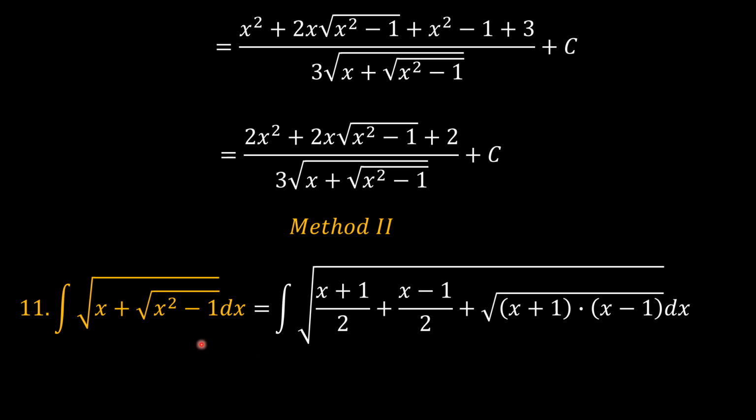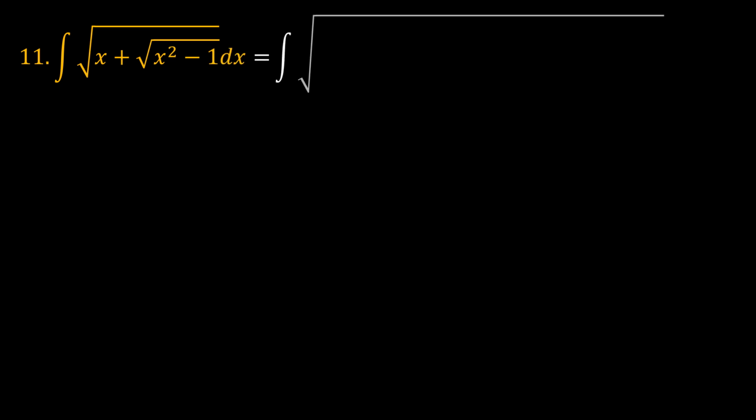And then under the square root sign, this is simply a difference of squares. So you have x squared minus 1 being (x plus 1) times (x minus 1). And that means that we do have a quadratic in play under the square root sign.